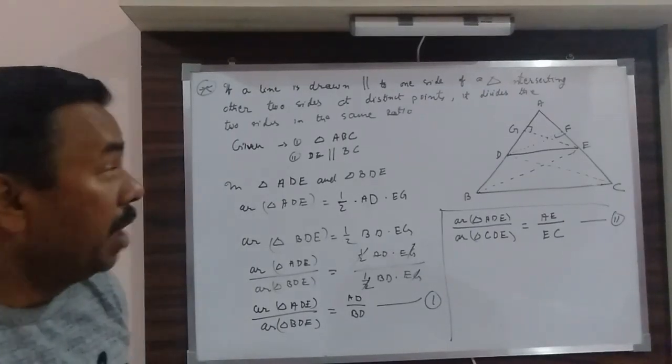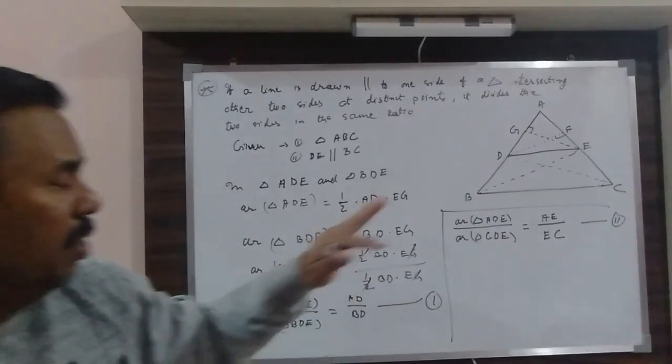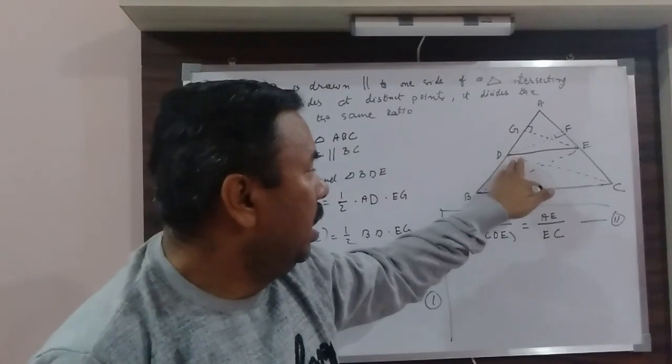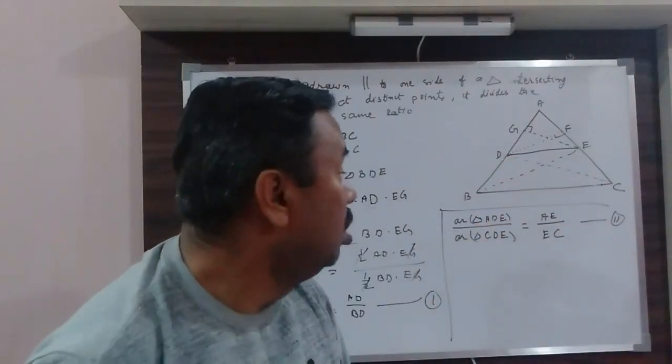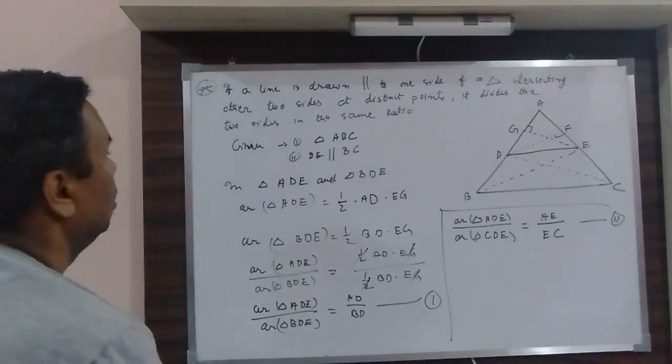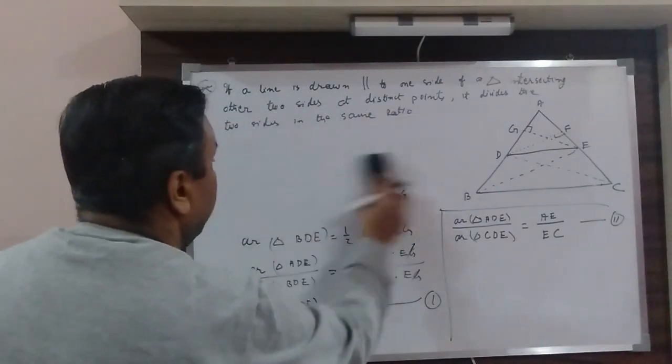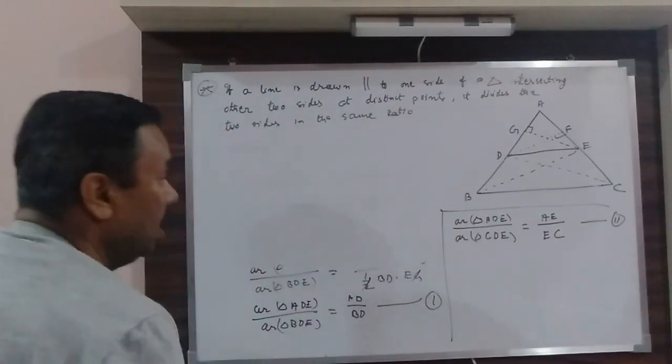Now, it has been given that DE is parallel to BC.